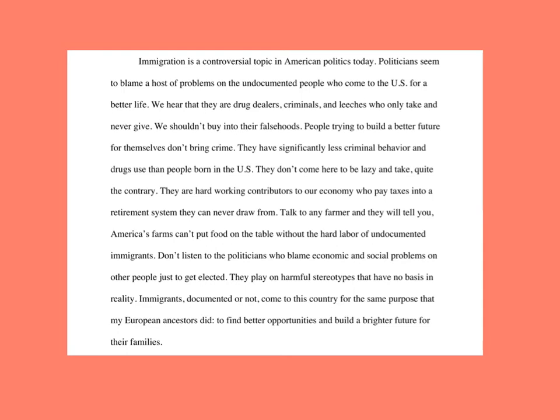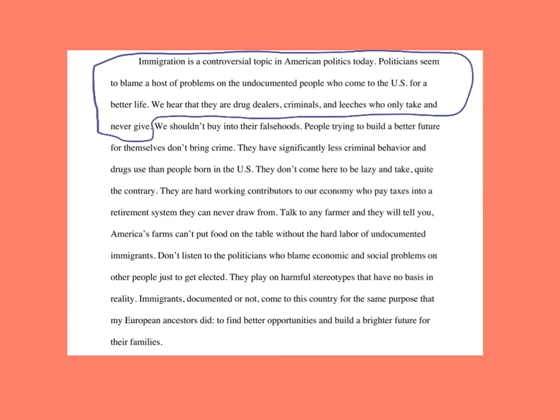Immigration is a controversial topic in American politics today. Politicians seem to blame a host of problems on the undocumented people who come to the U.S. for a better life. We hear that they are drug dealers, criminals, and leeches who only take and never give. So this sounds a lot like the introduction, right? So this is also looking like a reversal.